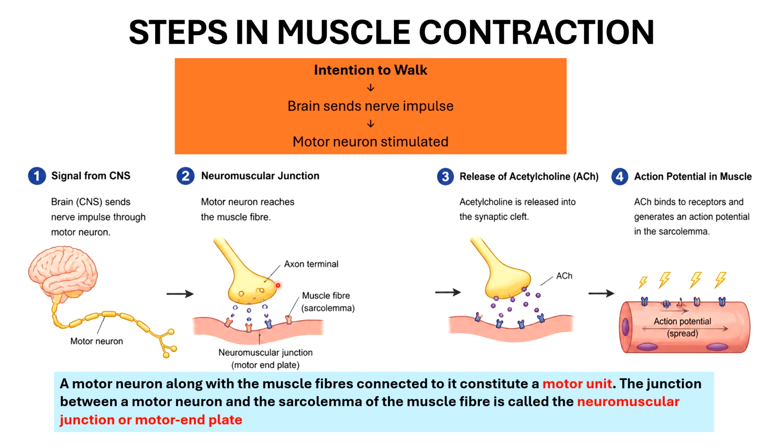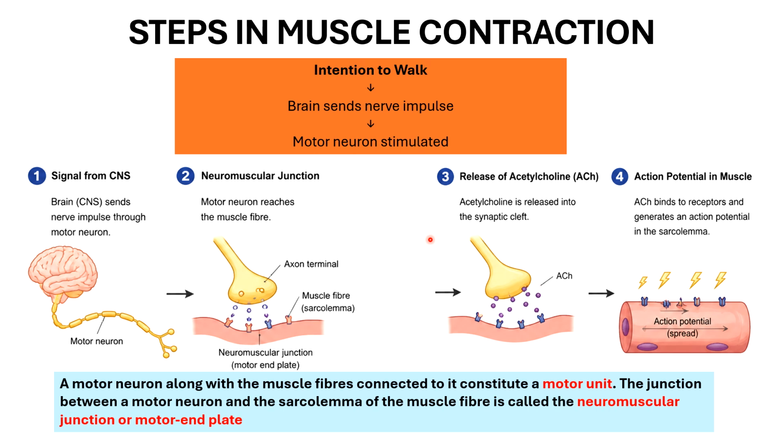So this is the motor neuron, this is the muscle fiber, this is the plasma membrane of the muscle fiber, also known as the sarcolemma. So this motor neuron and the muscle fiber together are known as the motor unit. And the gap between the motor neuron and the sarcolemma of the muscle fiber is known as the neuromuscular junction or the motor end plate.